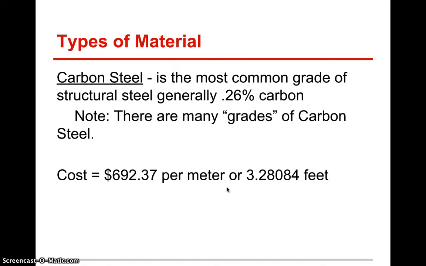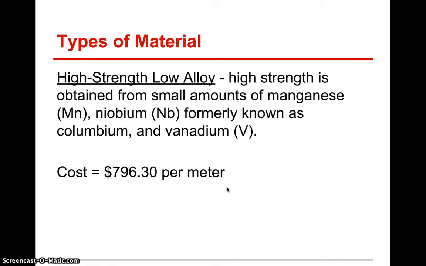Now, in here, our cost of carbon steel is $692.37 per meter, or roughly 3.2 feet. Now, high-strength low-alloy steel obtains its high strength from small amounts of manganese, niobium, and vanadium.